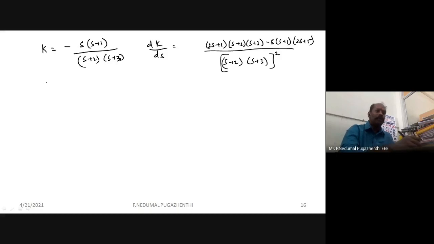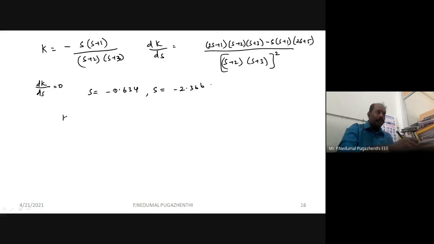So if you solve that and put dK by ds is equal to 0, you will get s is equal to minus 0.634 and s is equal to minus 2.366.